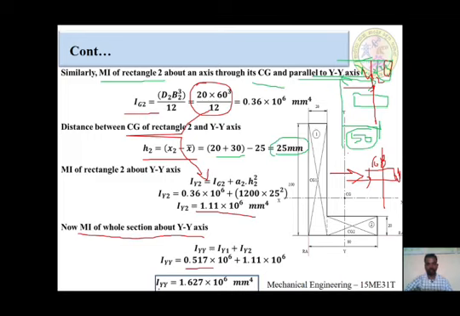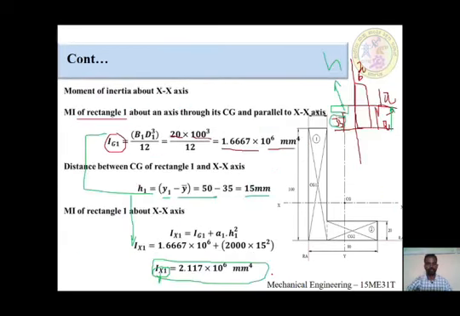Iyy, the total summation, is 1.627 into 10 raised to 6. Up to here we have calculated the whole thing about the x-axis and the y-axis. This completes the problem. Once again I will summarize this problem from the starting point.